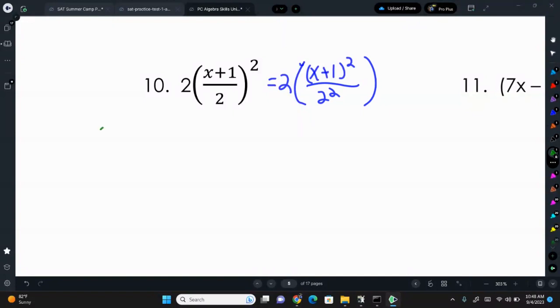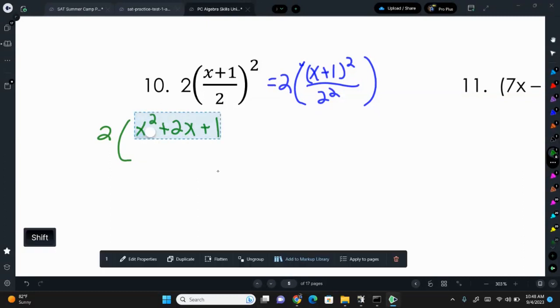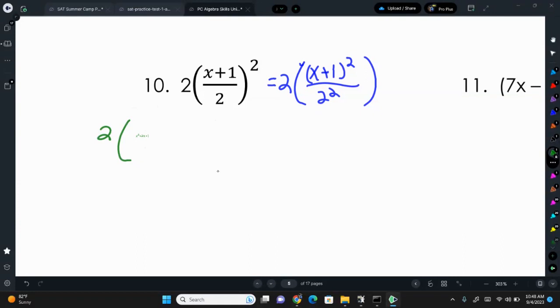So I'm going to have that 2 hanging out, and then in parentheses, that x plus 1 quantity squared using our rule is going to be x squared plus 2x plus 1. Because our a value is x, and our b value is 1. We have that all over 2 squared, which is 4.